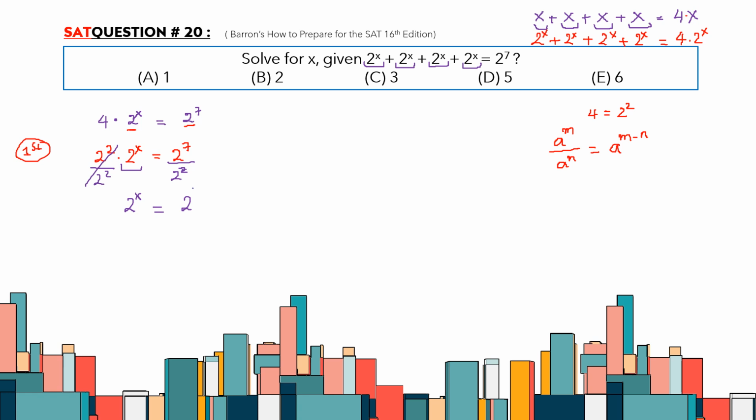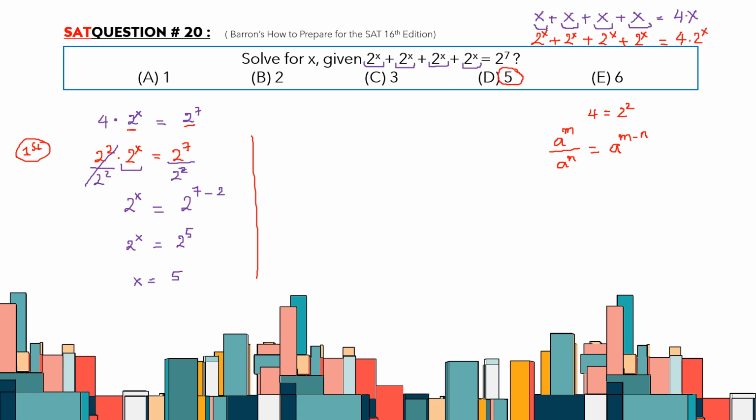So m is the power at the top, subtract the power at the bottom. So we have 2 to the power of x is equal to 2 to the power of 5. So x equals 5. D is the right answer, right?